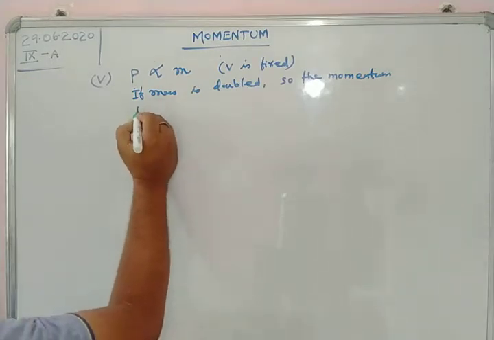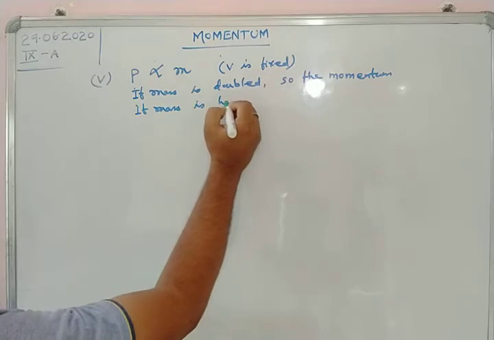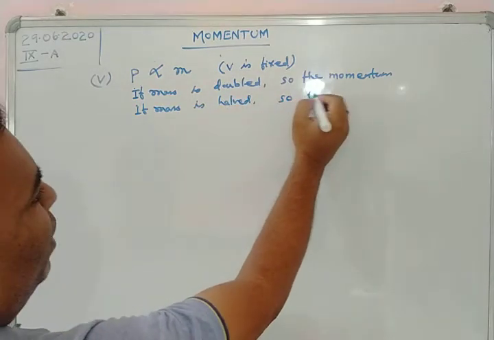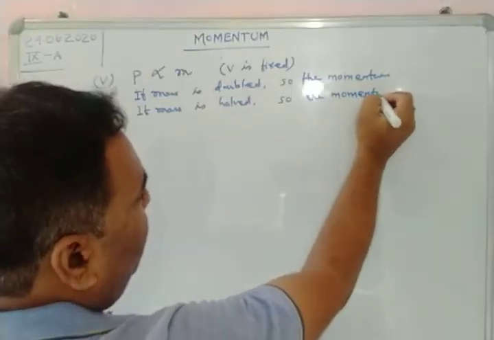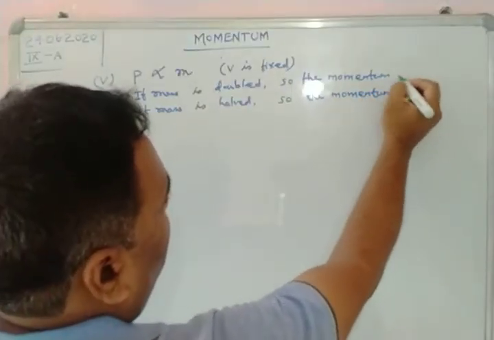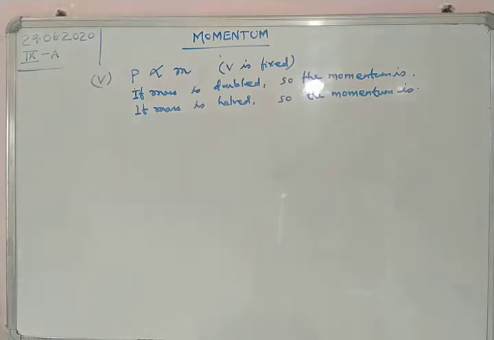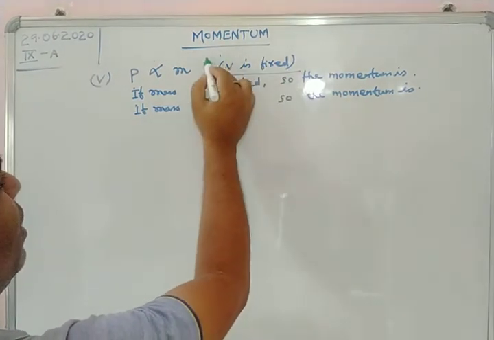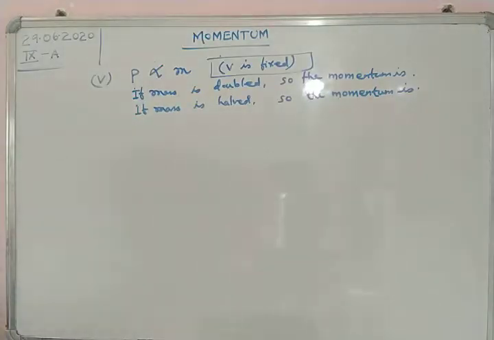If mass is halved, the momentum is halved. That means it is directly proportional to m, but the condition is there. What is the condition? Velocity must be constant. Velocity must be fixed.